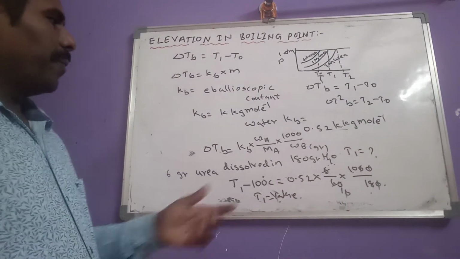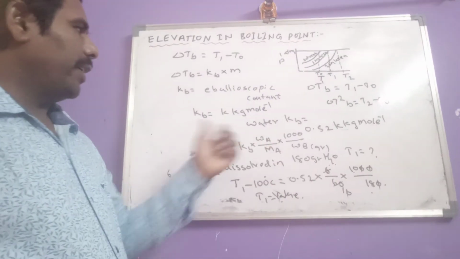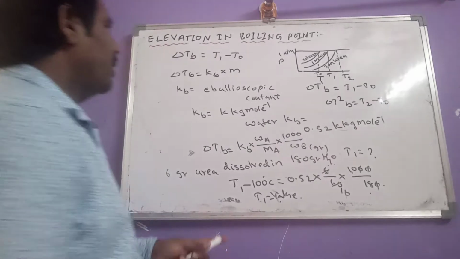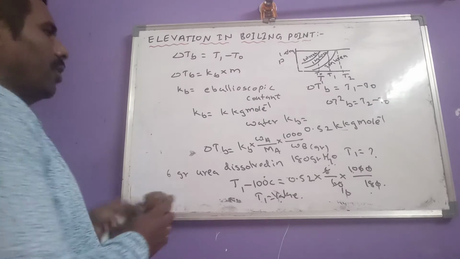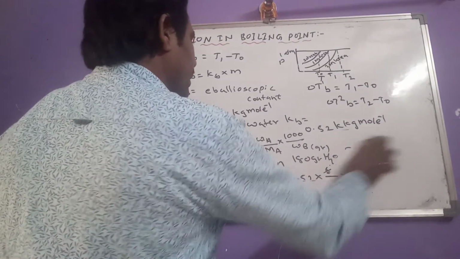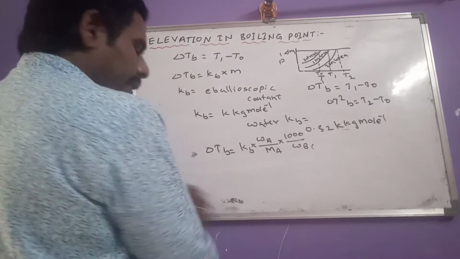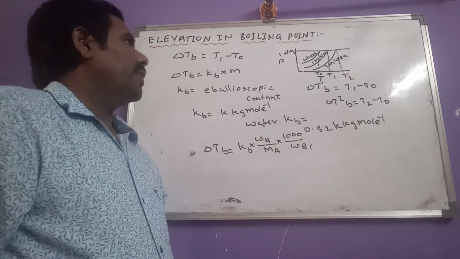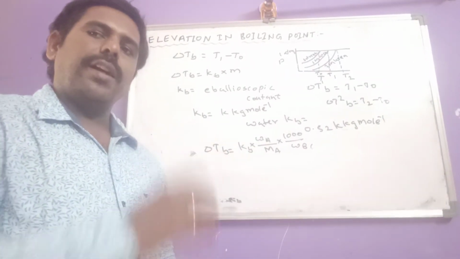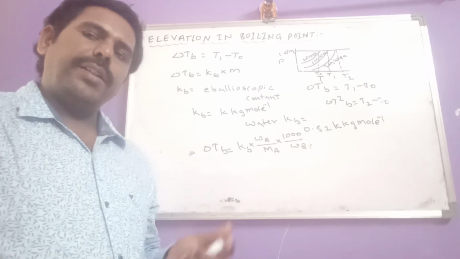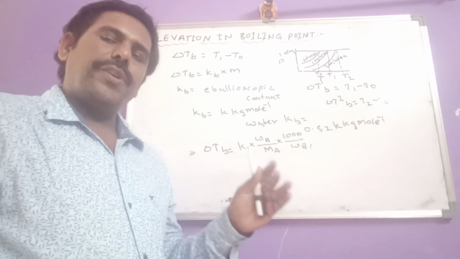So this type of problem we may get from this equation. And related to the first equation also, one can get questions. See, what is the boiling point of a 1 molal aqueous solution of urea?